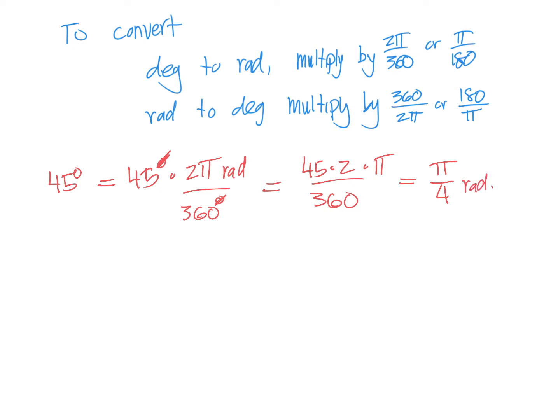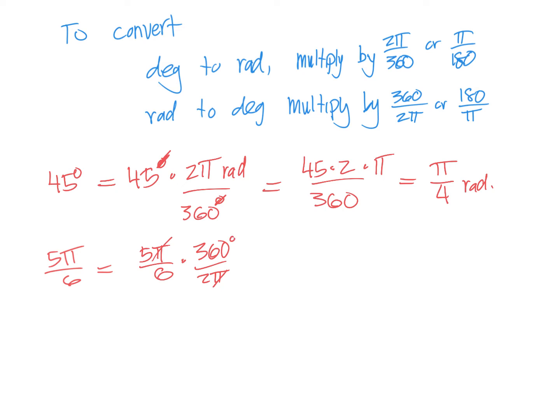And then if we wanted to take 5 pi over 6 radians to degrees, we would multiply 5 pi over 6 times 360 degrees over 2 pi. Our pi's cancel.